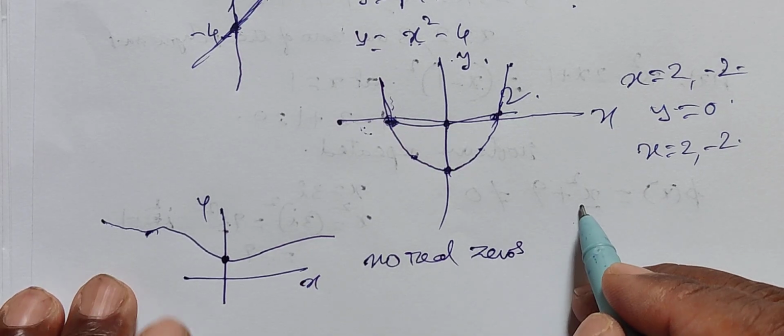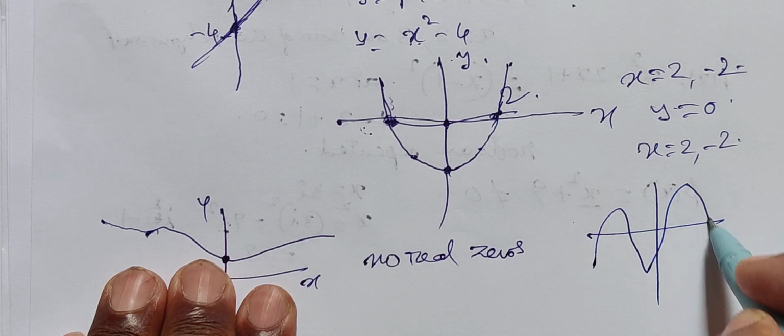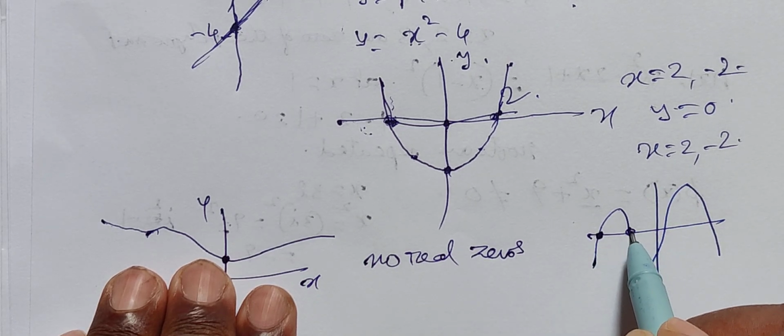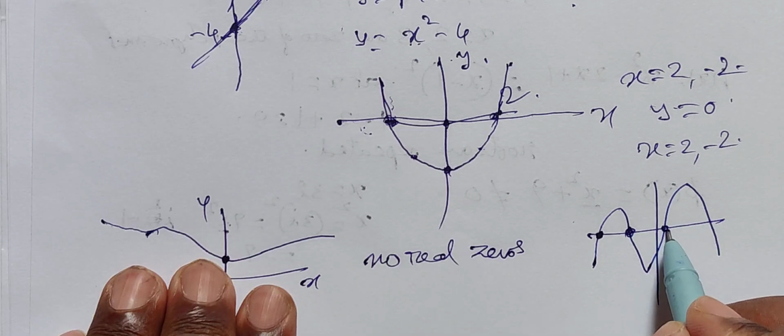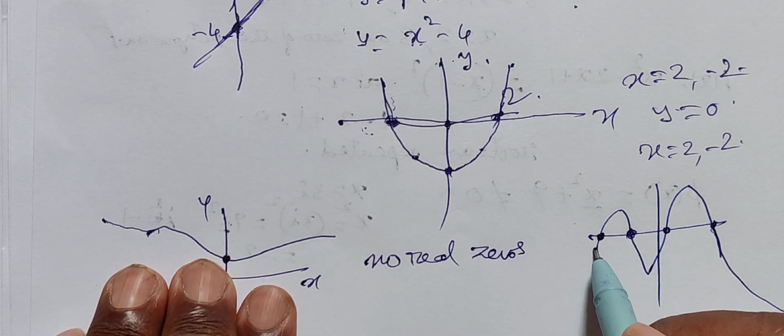Am I clear? No real zeros for this particular polynomial. Suppose there is another graph, say we are drawing only dummy graphs, like this. So here y is 0, another point y is 0, another point y is 0, another point y is 0, and after this the graph is continuing like this, here also like this.